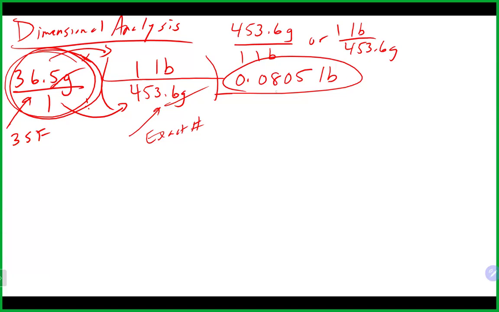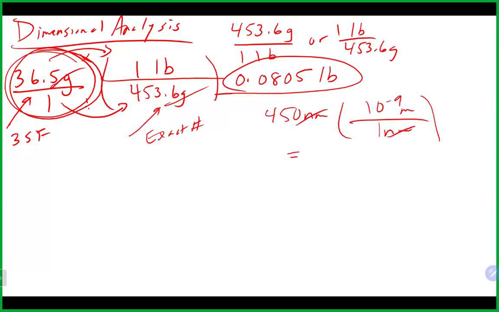So something like, we had 450, say, nanometers, and we're doing 1 nanometer is 10 to the minus 9 meters, and we're looking for meters. These would cancel.